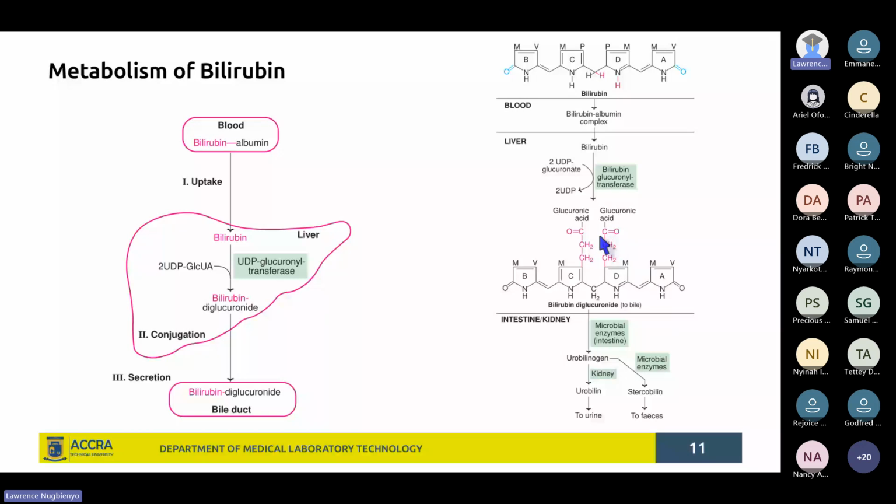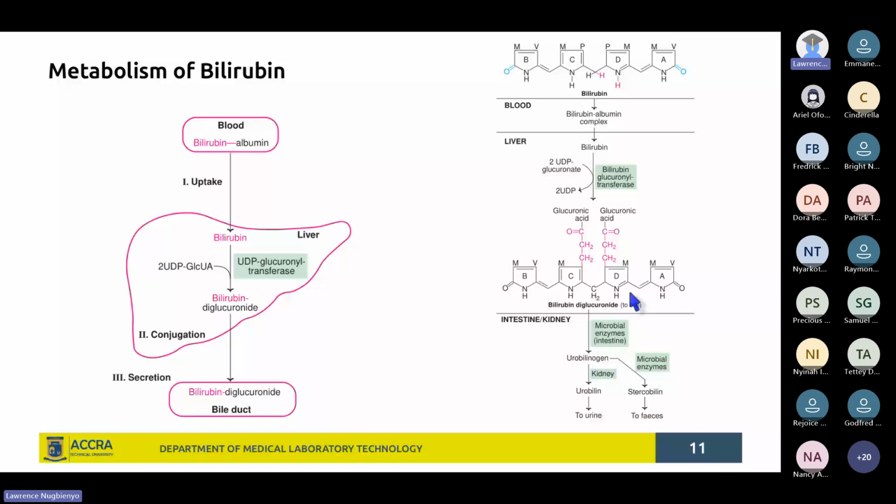And then from there, it can either get excreted by bile into the duodenum, into the digestive system, or even in the bloodstream when it's absorbed, because it's in the digestive system.